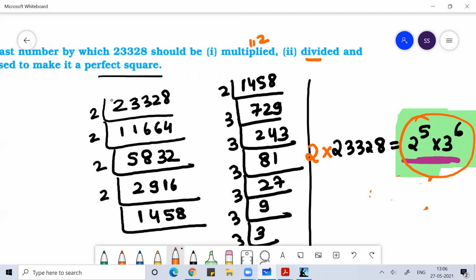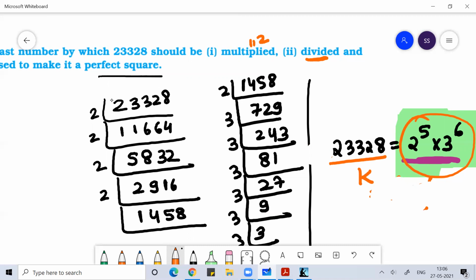Then the least number: what should you divide so that it becomes a perfect square? By what number can I divide this number so that it becomes a perfect square?